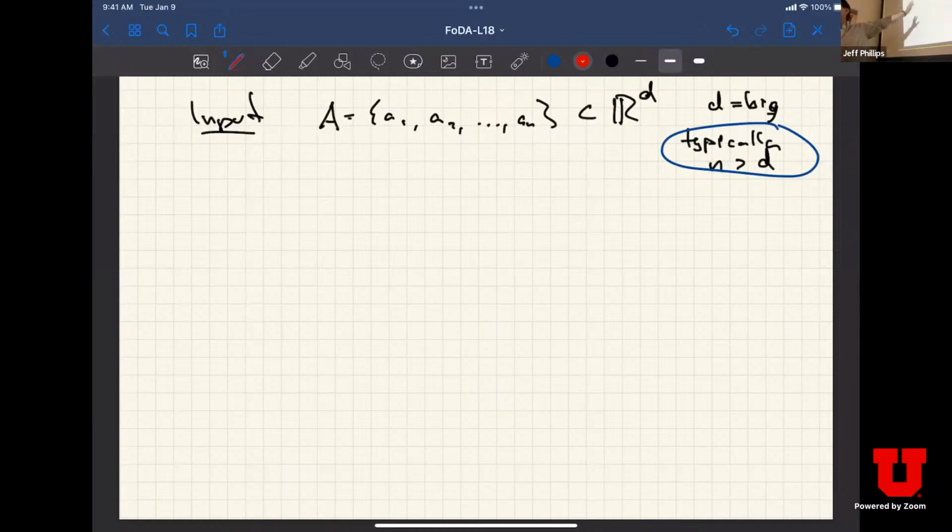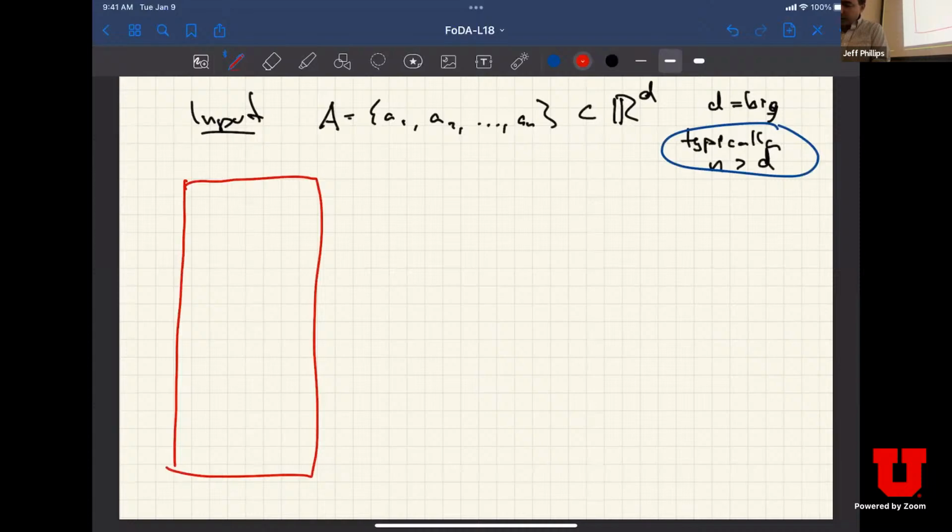And so what's the first thing that we want to do with this? Instead of thinking about a set of data points, we want to think about our data A as being a matrix. A matrix I'll draw as this rectangle. It's got n rows and d columns.